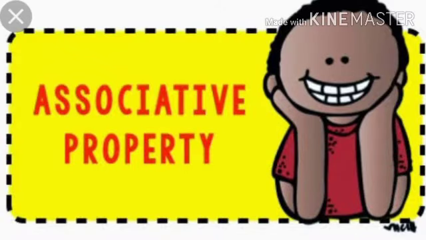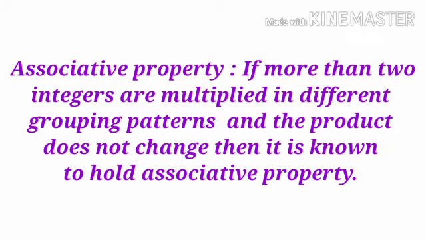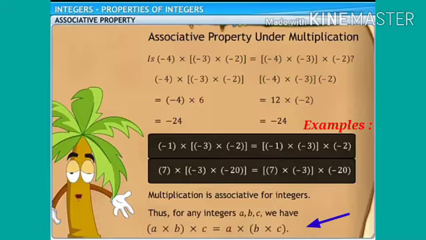The next property is associative property. Associative property: if more than two integers are multiplied in different grouping patterns and the product does not change, then it is known to hold associative property. To verify that multiplication of integers is associative, let us check whether minus 4 into minus 3, into minus 2, and minus 4 into minus 3 into minus 2, are equal.